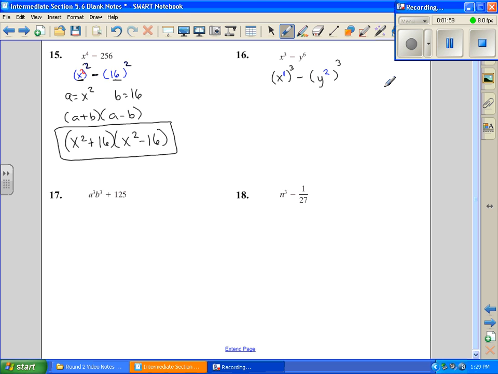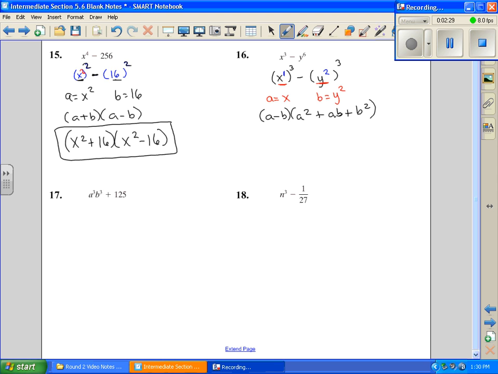And we want to use our difference of perfect cubes formula, which says a minus b, a squared plus ab plus b squared. Okay, so now we have to come back up here and name our a. Our a is going to be x to the first power, which is just x, and our b is going to be y squared.